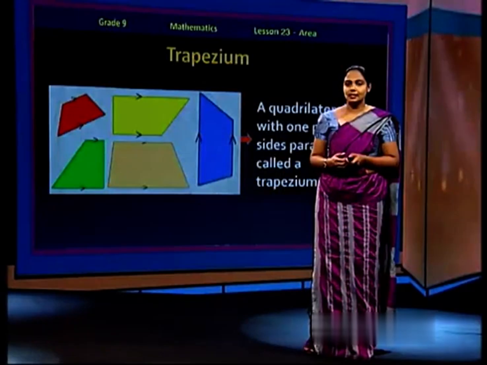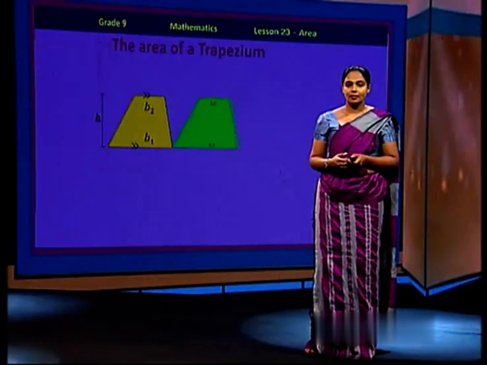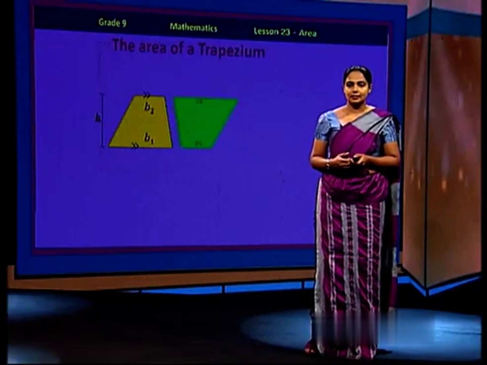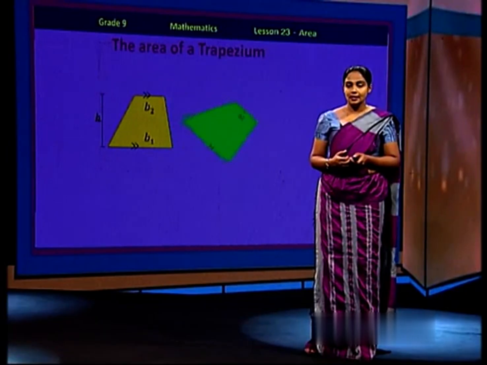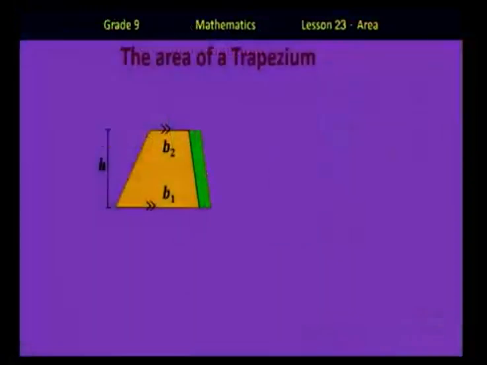Now let's see this one. What is it? There is a trapezium. The trapezium is highlighted in yellow, and another trapezium, the same as the first, is also colored yellow. Now both trapeziums are the same.